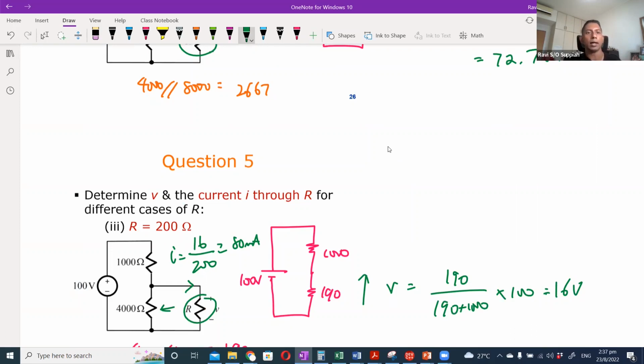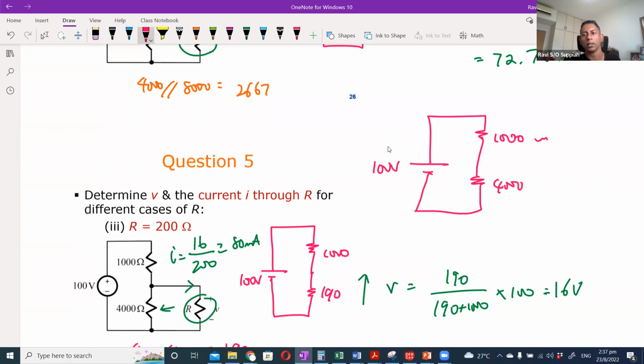If I design a circuit with these two resistors, and nothing is connected as a load, so it is an open circuit, I can come up with a voltage here: 4000 over 1000, say, 80 volt.